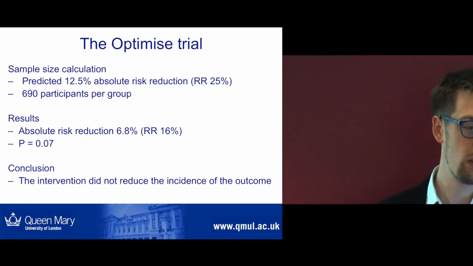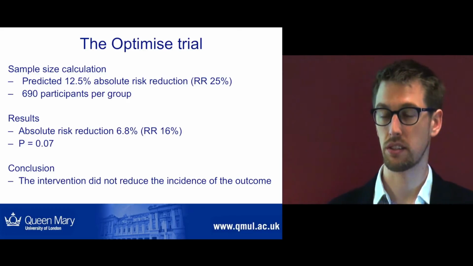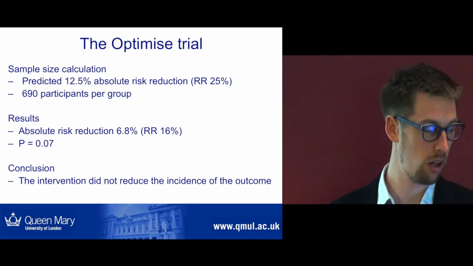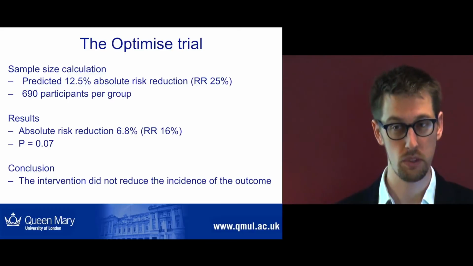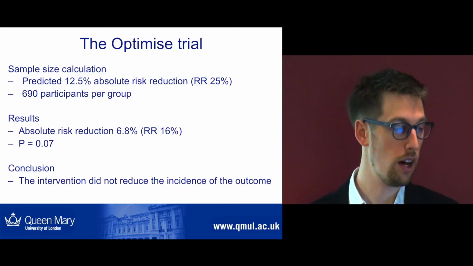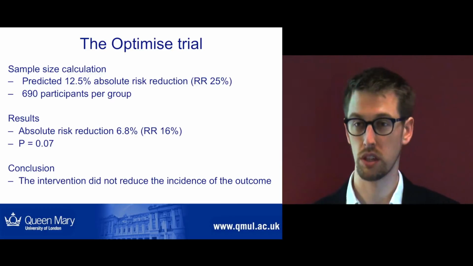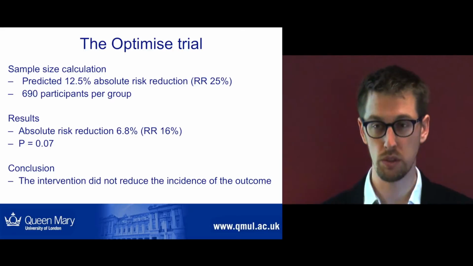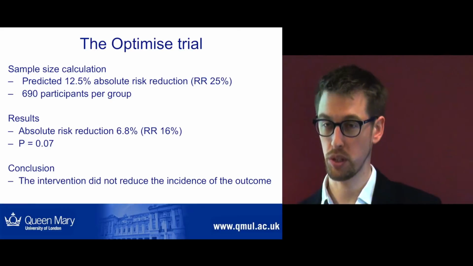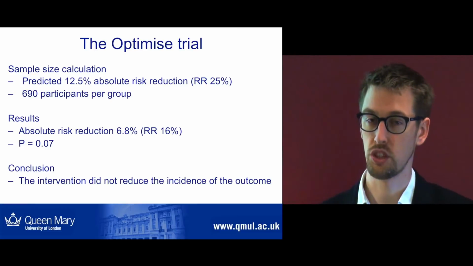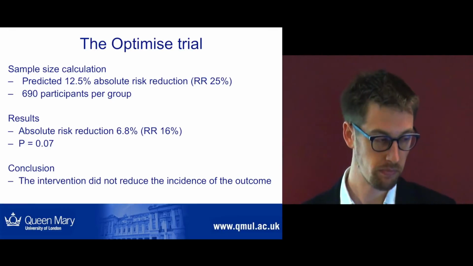In the OPTIMIZE trial, when they were designing the study, and this was led by Rupert Pearce from Queen Mary, they predicted that the intervention would give an absolute risk reduction of 12.5%, or a relative risk reduction of 25%, which meant that their predicted sample size was just under 700 patients.